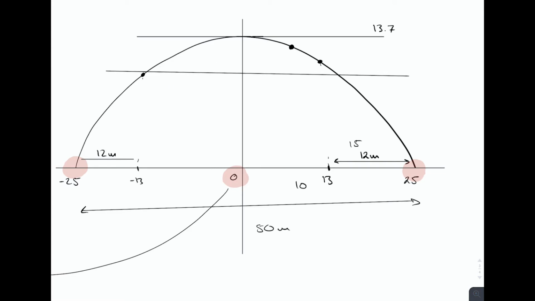So roughly around, let's see here. So this is a height of 4 meters from the top. So that's the top. That's 4 meters from the top.